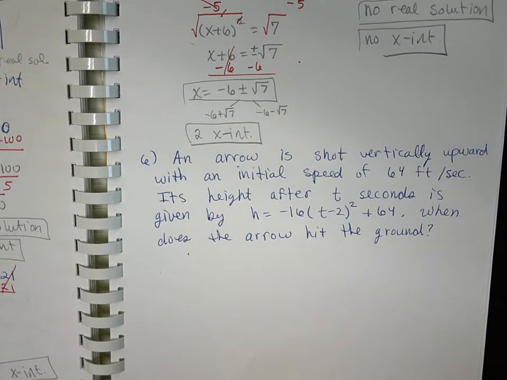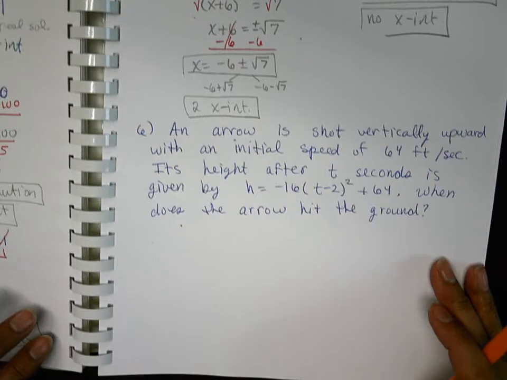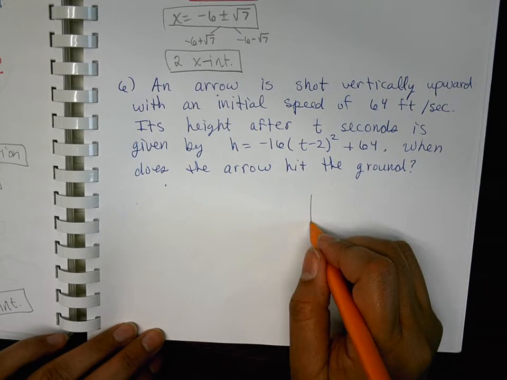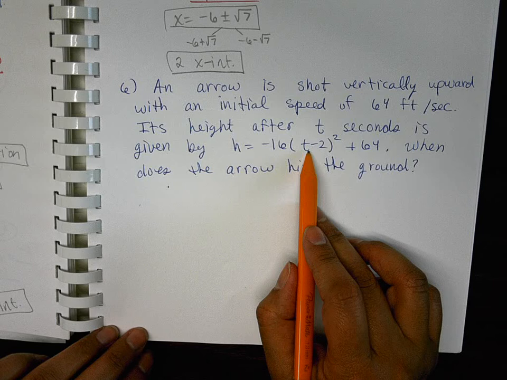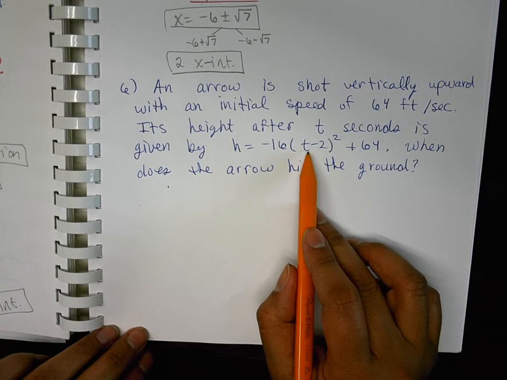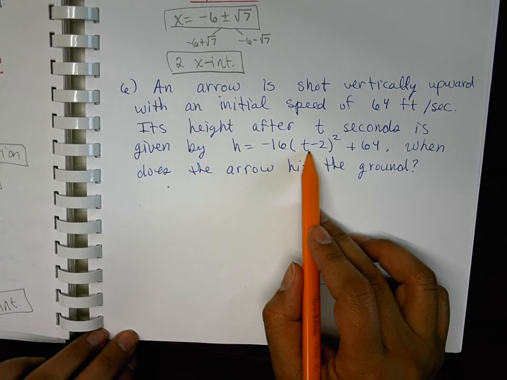Okay, do you guys agree the arrow is going to go up, up, up, reach its maximum, and then come down and eventually hit the ground? Yes or no? Okay, so I'm just going to get a quick picture here. What is the X? Instead of X, what letter do I have? T. And what does T stand for?